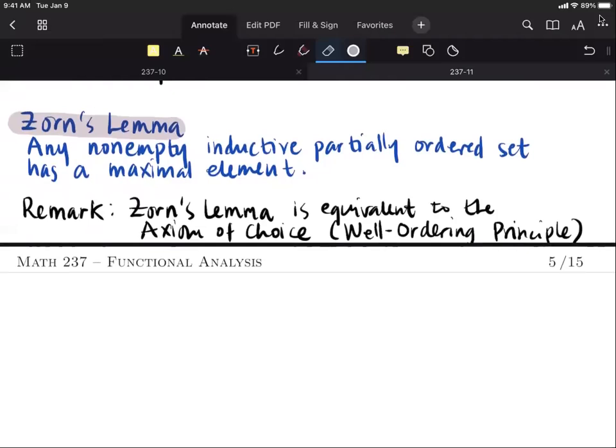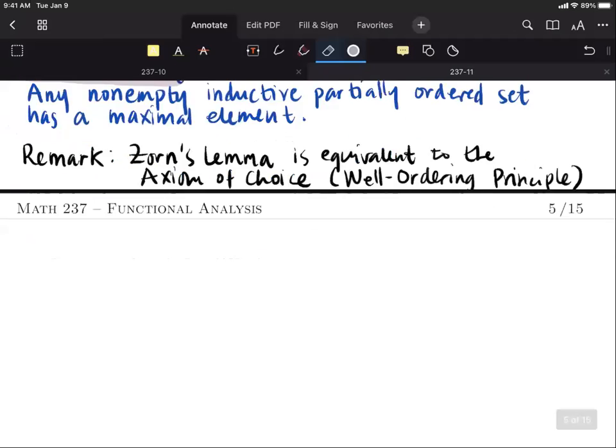We will not discuss in detail this equivalence, but you may consult standard texts in set theory for the proof of the equivalence of the axiom of choice with Zorn's lemma, as well as the well ordering principle. So let us now state the Hahn-Banach theorem for real vector spaces.